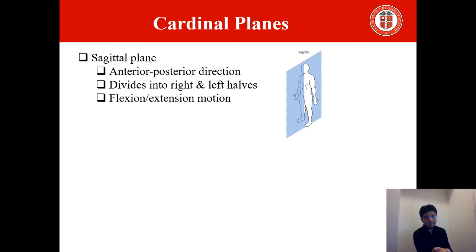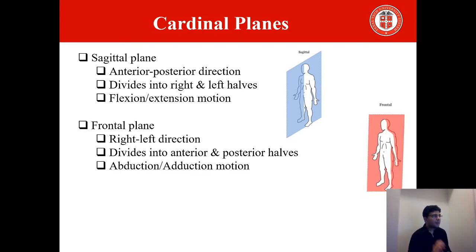We can also have flexion and extension in the wrist joint, and this is also taking place in the sagittal plane. If you talk about the frontal plane, this divides the body into 2 halves, the front or the anterior half and the back or the posterior half. And the abduction and the adduction movements are taking place in the frontal plane.